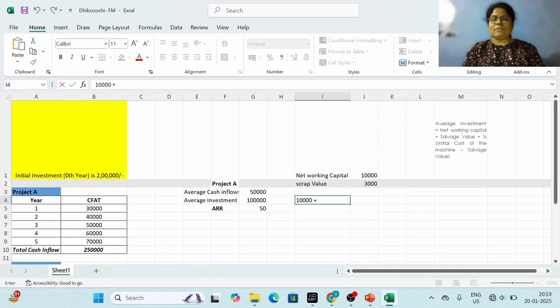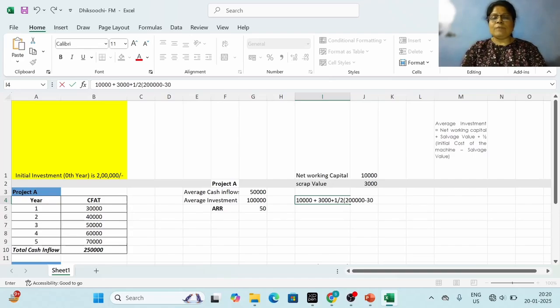What is the salvage value? 3,000, right? Plus, then I need to multiply with half, open the bracket. Initial cash outlay, that is how much? 2 lakhs, minus the salvage value.